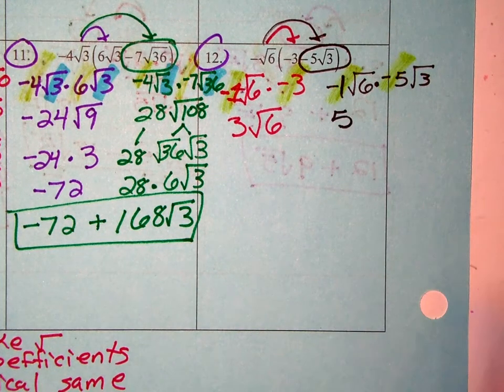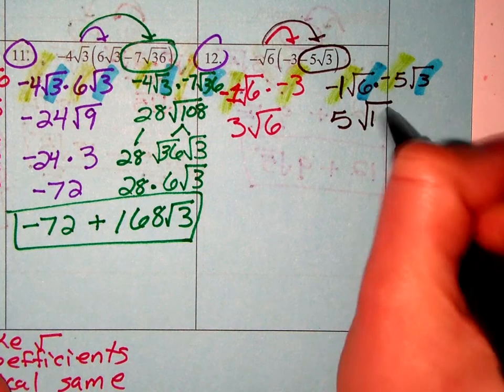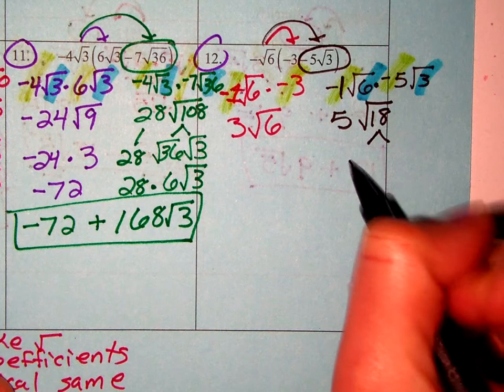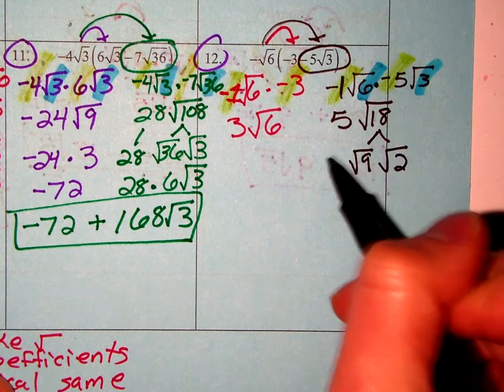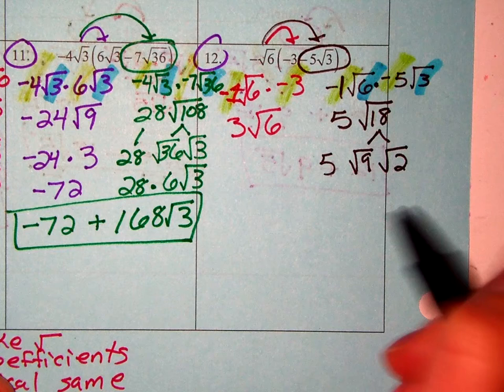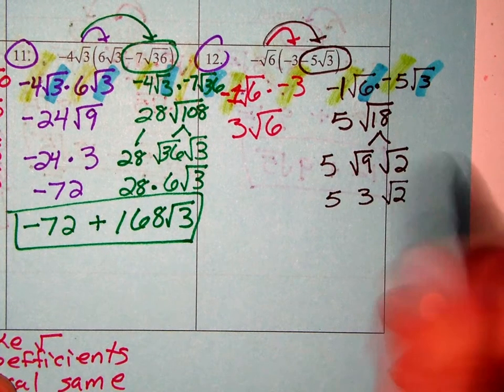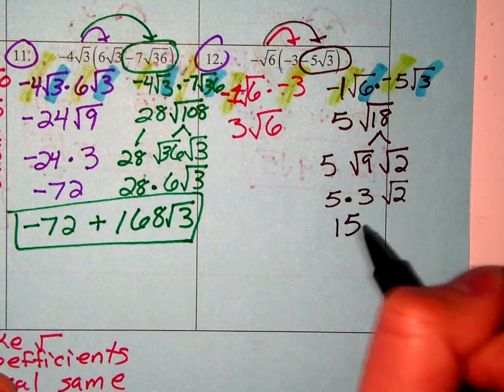And then we need to multiply our 6 times our 3, which would be square root of 18. Now we need to reduce that. Well, 18 has a perfect square that goes into it, 9. And 9 goes into 18 twice. We bring down the 5 out front. The square root of 9 is 3, so we have a 5 and a 3 and a square root of 2, and we multiply our 5 and 3 together to get 15 square root of 2.